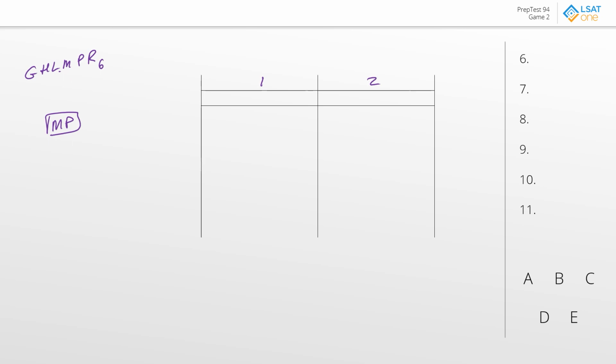Anyways, next. It is not the case that they take both physics and religion in semester 2. Now this one, there's a couple of ways that you could arguably symbolize this. I guess the simplest, most direct approach would be to say something like P and R are not both going to go into number 2, which effectively means that at least one of them is going to have to be pushed into number 1.